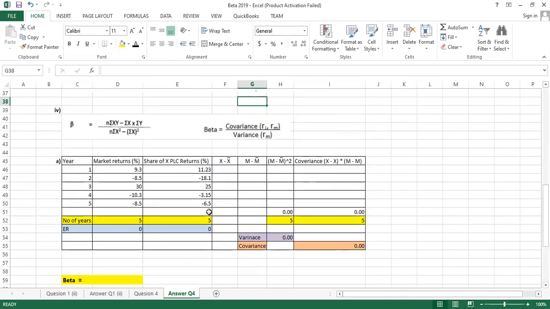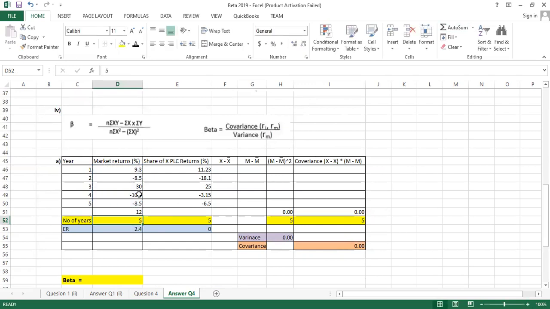In the covariance and variance calculation, first we want to calculate the expected return of market and shares of XPLC. Let's see how to calculate the expected return. First, we will calculate the expected return of market return. In the expected return calculation, first we want to calculate the total of market returns.